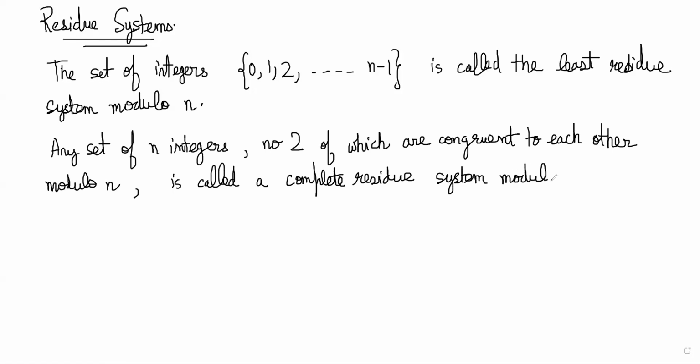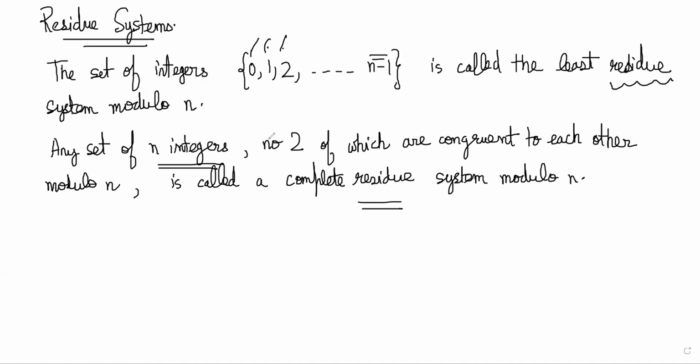First of all, what is this residue? Residue is another way to say remainder. If you divide any integer by n, these are the possible remainders: 0, 1, 2 till n minus 1. So there are n possible remainders. If you have any set of n integers, no two of which are congruent to each other modulo n, then they will all have different remainders when you divide them by n.